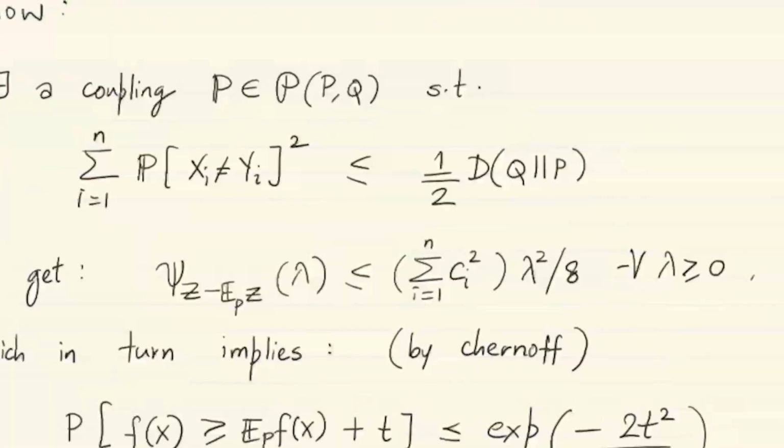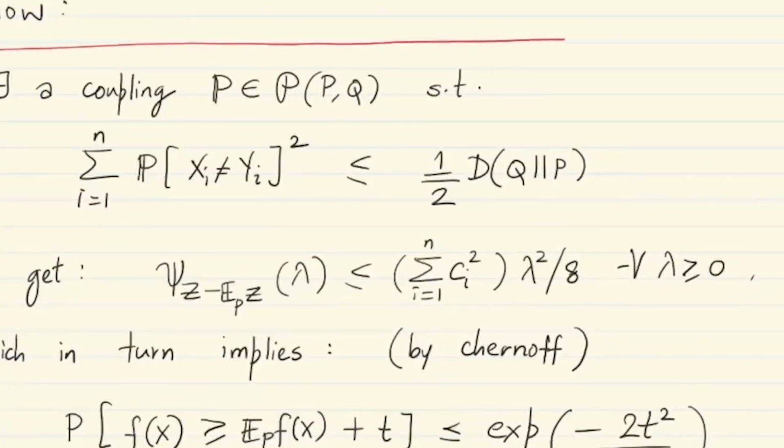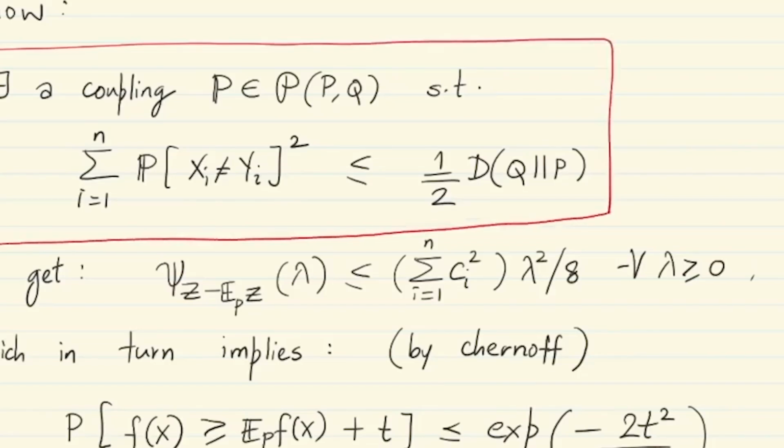Okay, so the main thing that the transportation lemma assures us is enough to show is a statement of the following form, that one can couple P to Q while keeping this sort of transportation cost like expression on the left not more than a multiple of its KL divergence.